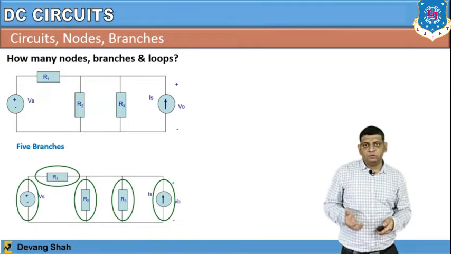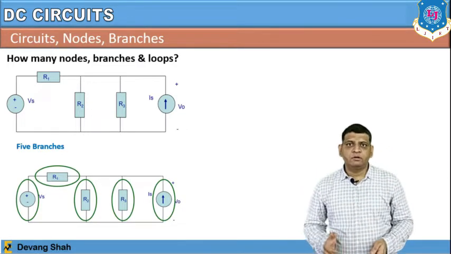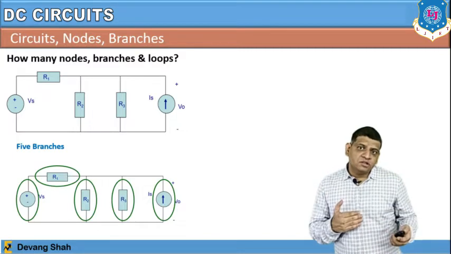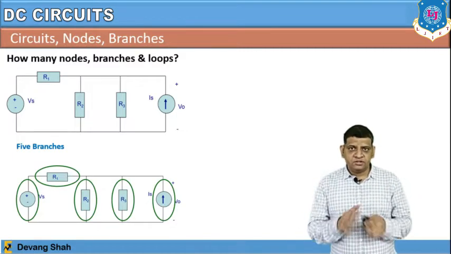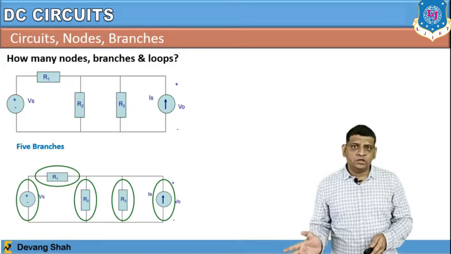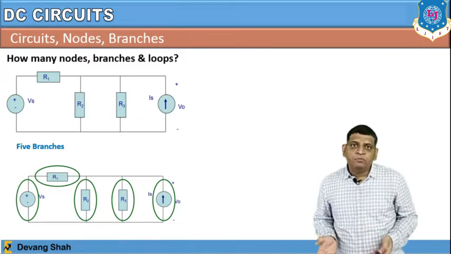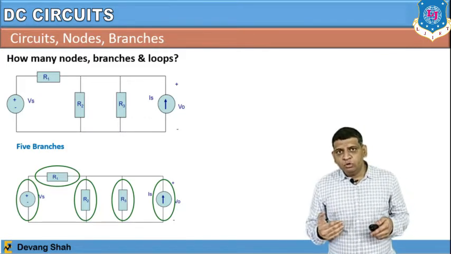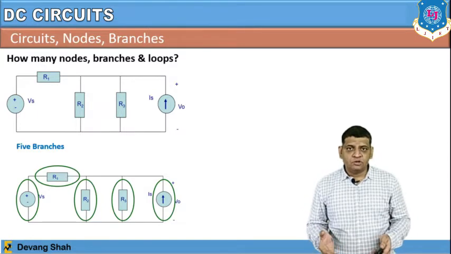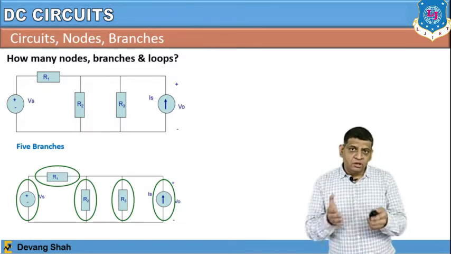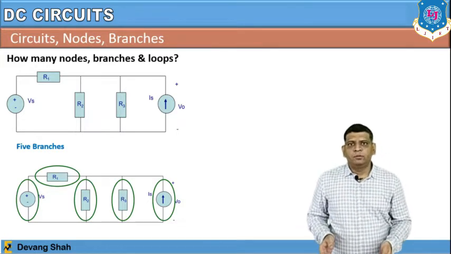You can consider 5 branches, or you can also consider 4 branches. Why? Because VS in series with R1 is one branch. In the same way R2 is another branch. R3, which is connected at one particular wire, is also a branch. And in the same way the current source, which is called IS, is also one of the branches, right? So you can consider either 4 branches or 5 branches, depending on the number of components.